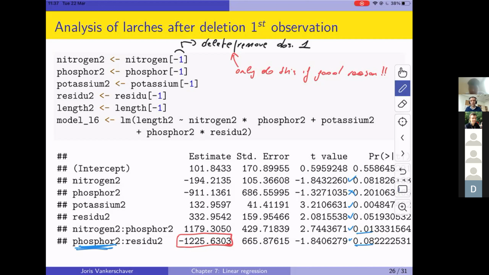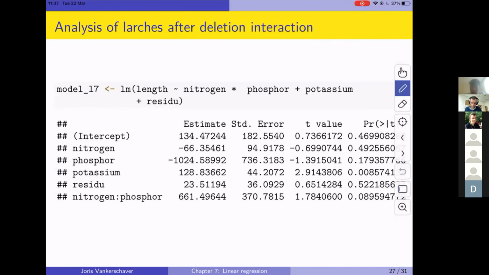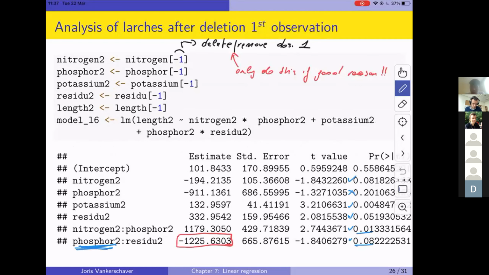So if you have an outlier and you say, hey, it has this really high impact effect on this coefficient, but I have no reason to remove it on physical grounds, then the other thing that you should consider is removing the term that is affected so much by the outlier. In this case, the term that was impacted is phosphor interacting with the residual ash.